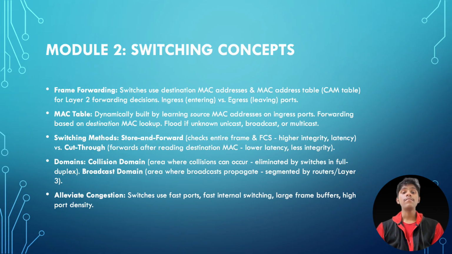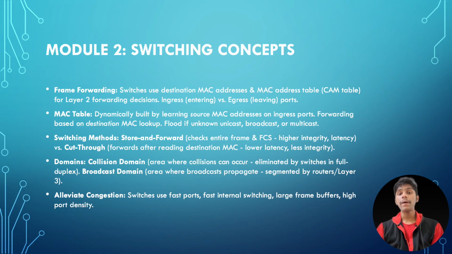So module 2 covers switching concepts. The main job here is frame forwarding. Switches operate at layer 2 and use the destination MAC address inside an Ethernet frame to decide where to send it. They maintain a MAC address table, sometimes called the CAM table, which maps MAC addresses to specific switch ports.